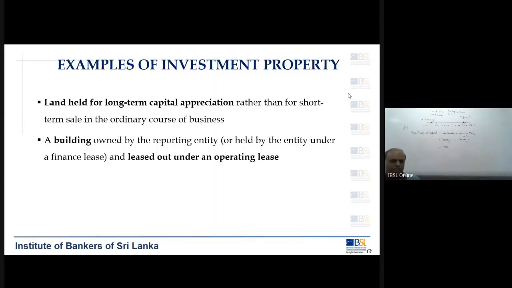If my intention is that, then it is called an investment property. So the two examples are where you hold this property, either a land or a building, for capital appreciation.